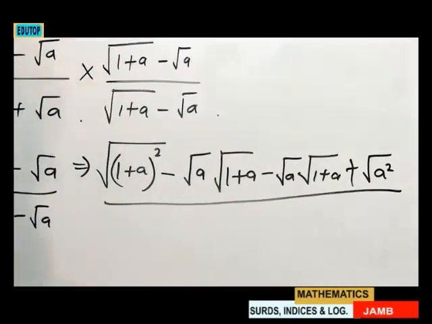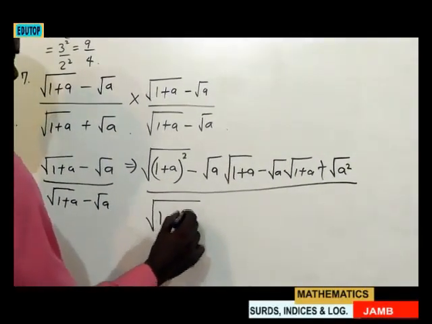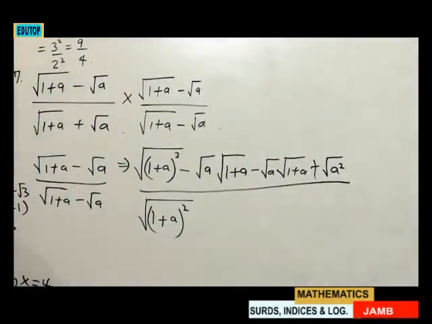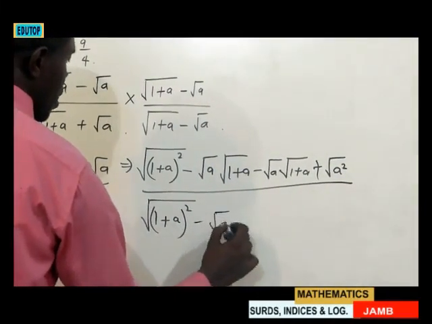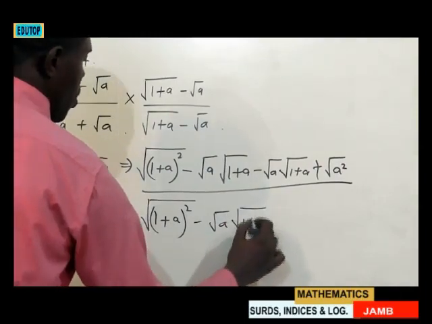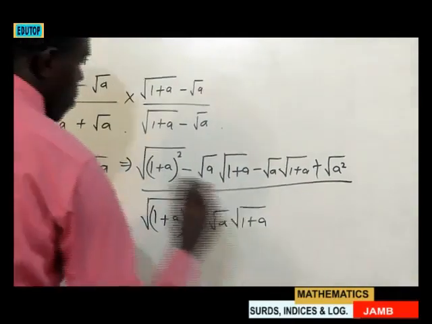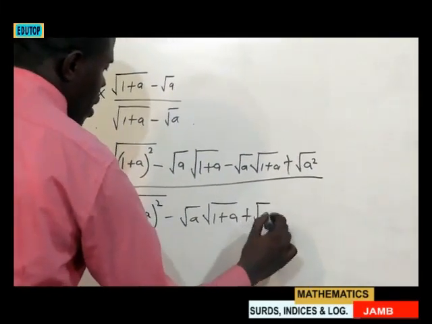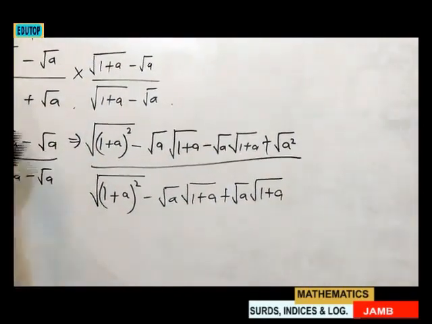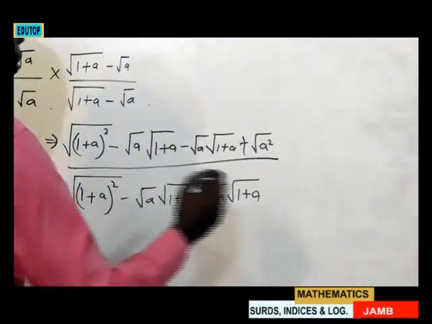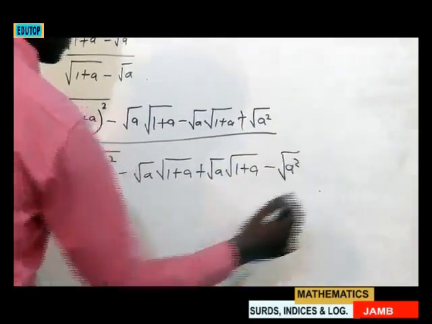Then I have this times this, 1 plus a all squared. This times this, I have minus root a root 1 plus a. This times this, plus root a root 1 plus a. Then this times this, minus times plus, minus root a squared.